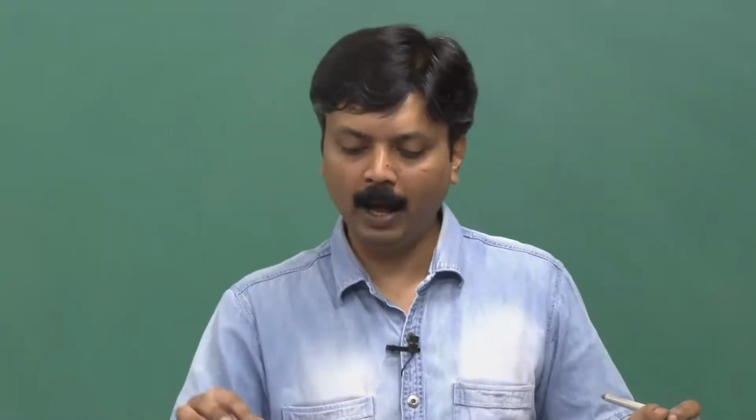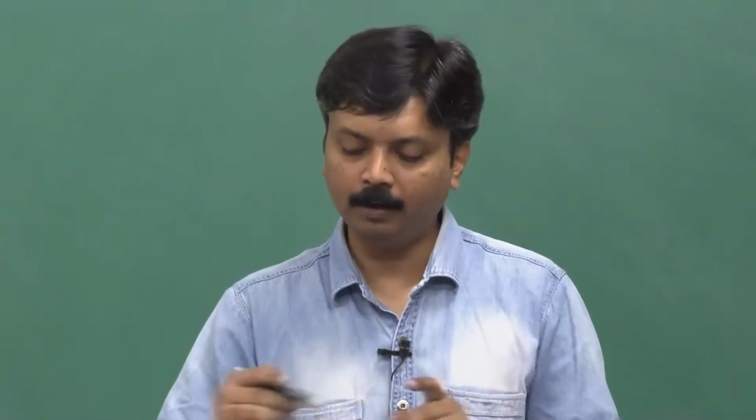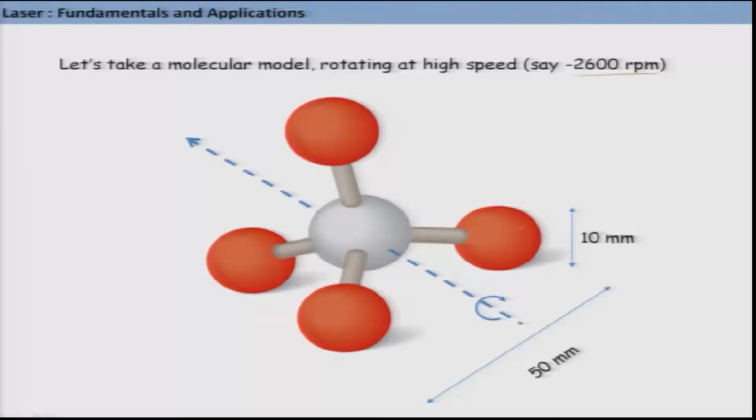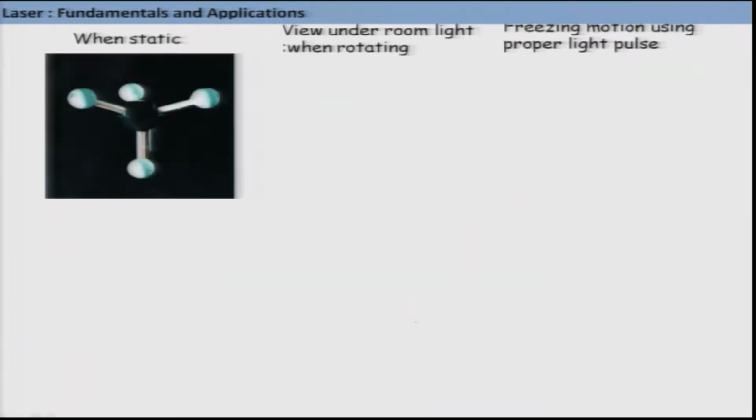Now suppose you have a definite diameter for these red balls, and the distance between 2 successive balls is given, then you can actually calculate what should be the resolution of your light flash, so that you can take the image as if the molecular model is stationary.